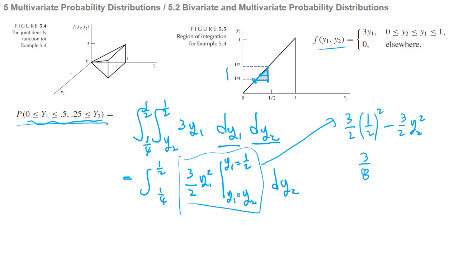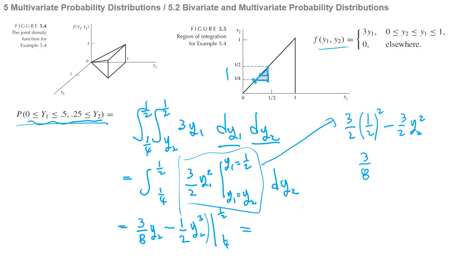So this part becomes 3 over 8 Y2 minus 1 over 2 Y2 cubed, with Y2 from 1 over 4 to 1 over 2.